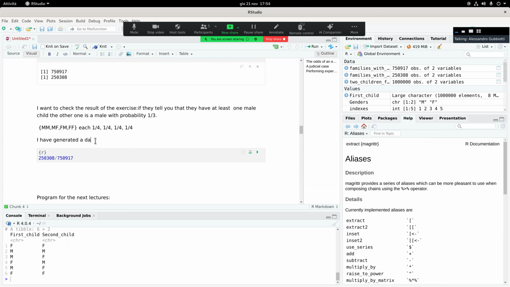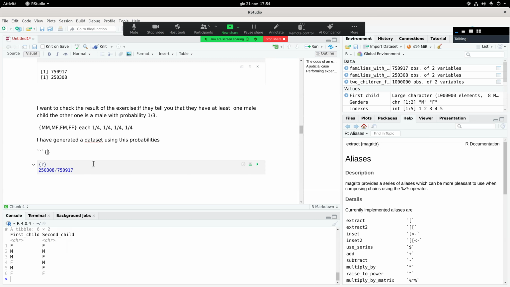Now, let's check it actually. Let's, for instance, see how many families with 2 females we have.